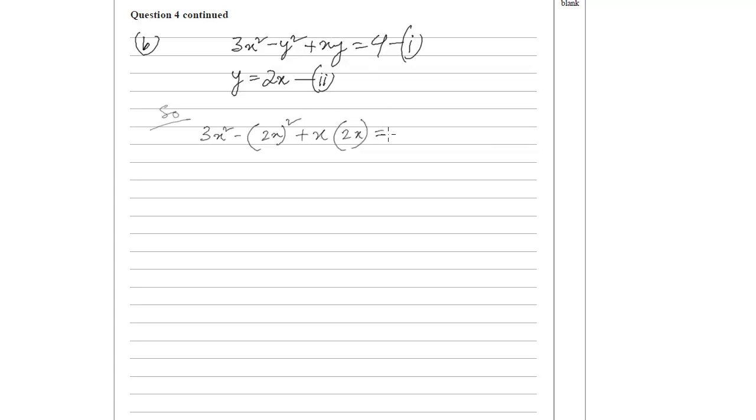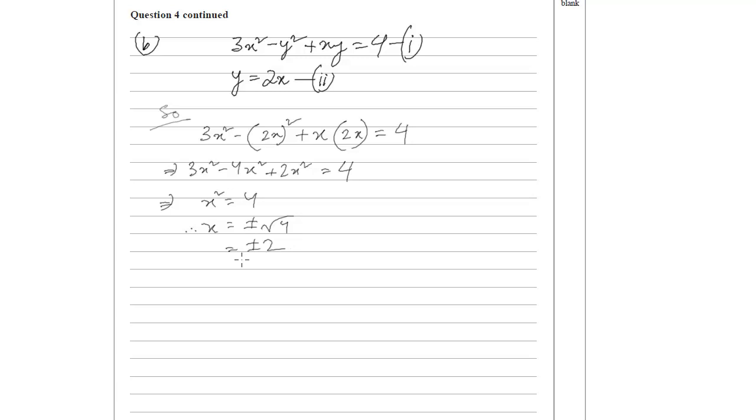So 3x squared minus 4x squared plus 2x squared equals 4. 3x squared minus 4x squared is minus x squared, and 2x squared minus x squared is only x squared, equals 4. Therefore x equals plus or minus the square root of 4, which is plus or minus 2.